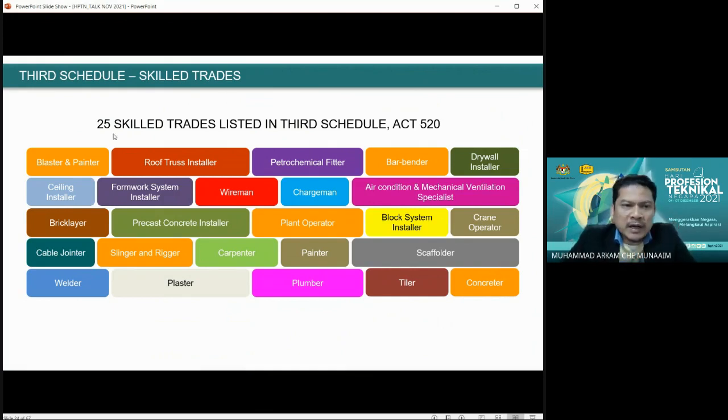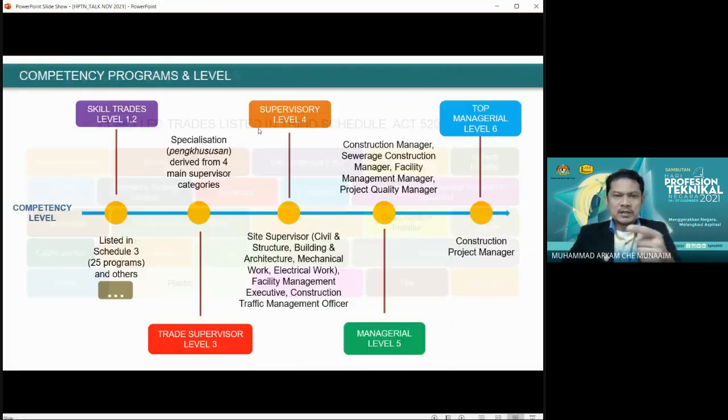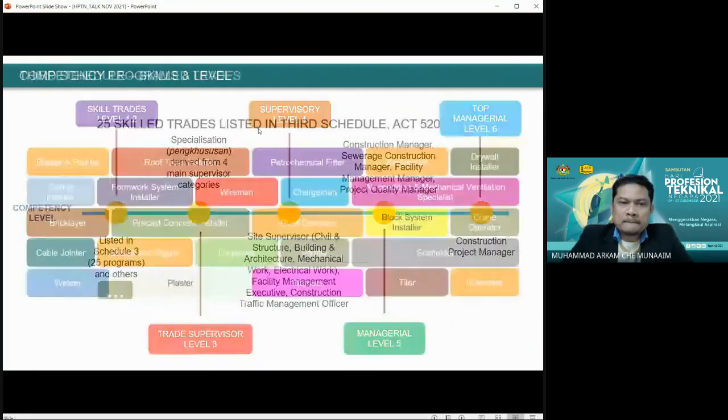So all 25 skill trades have been identified by CIDB and need to be registered with the CIDB in order for them to deliver their work on site. All these 25 skill trades will be monitored by the next level, which is either trade supervisor level 3 or construction site supervisor level 4.